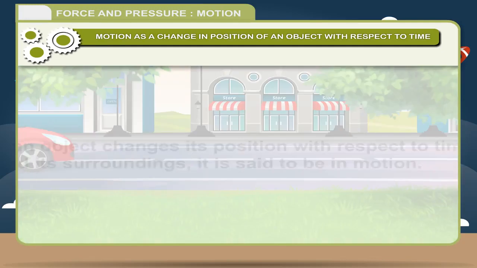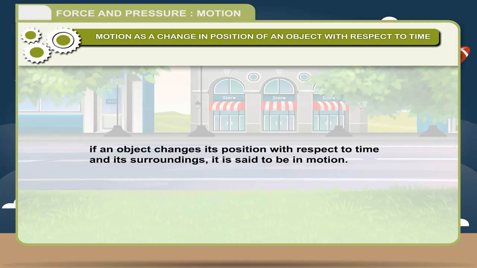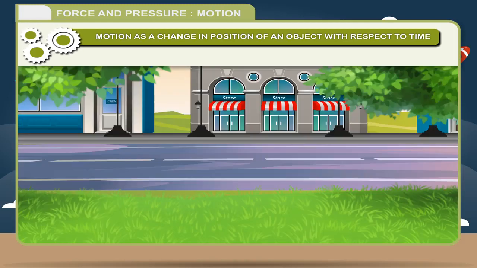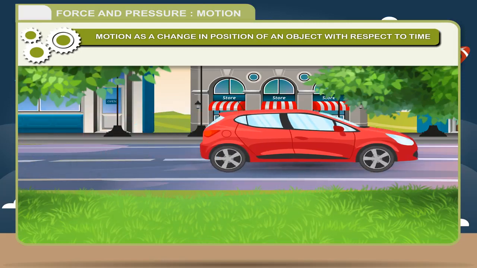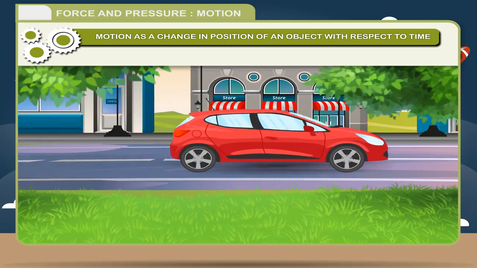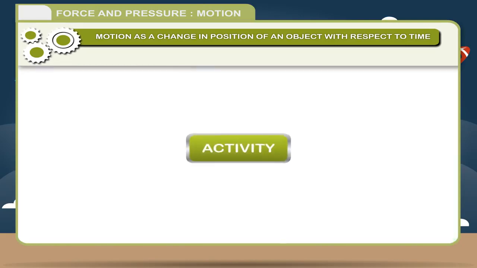On the other hand, if an object changes its position with respect to time and its surroundings, it is said to be in motion. For example, if we stand on a road and observe a moving car, we find that its position is continuously changing with respect to us at different time intervals. So, the car is in motion.